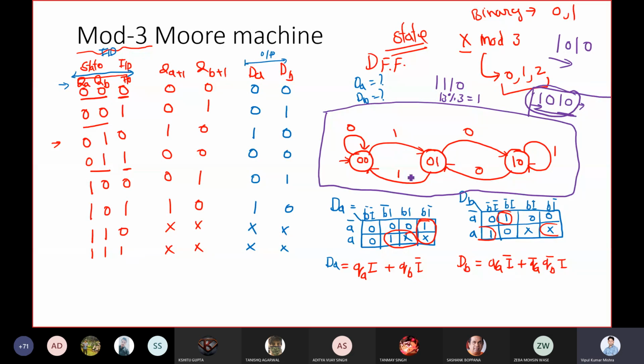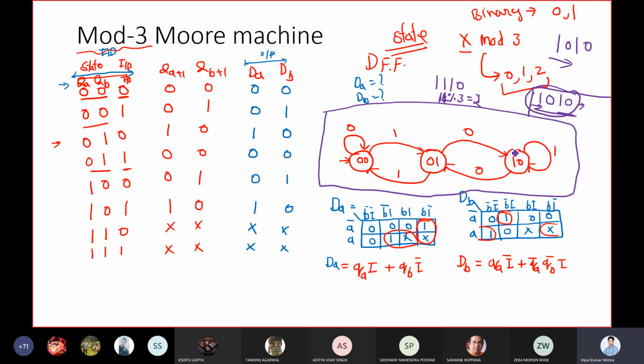Wait, something is wrong. It's 14 mod 3. Yeah, it's 14. That's why I'm saying the machine is correct. So it will have 1, 1, 1, and 0, and you'll end up here.